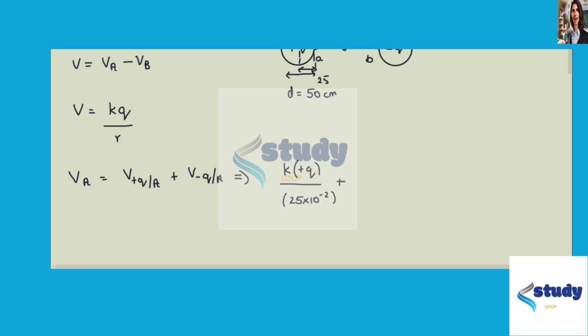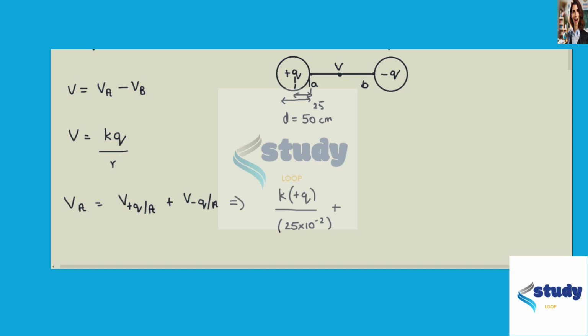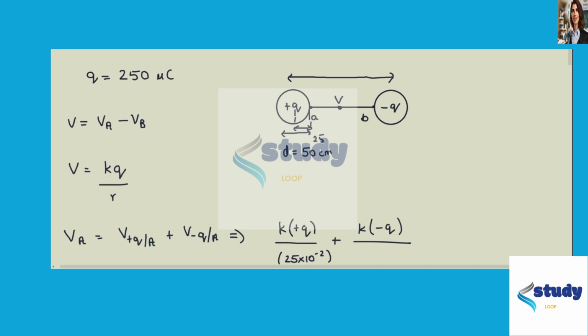plus K times negative Q divided by, so the distance from, so this entire center to center distance is 1 meter. This distance is 25 centimeters.